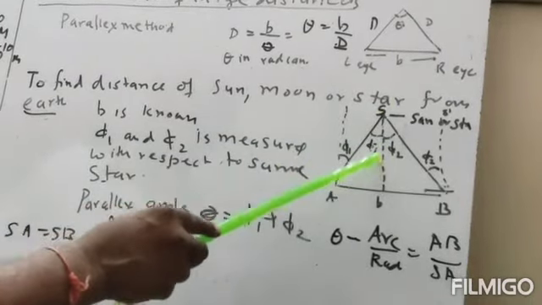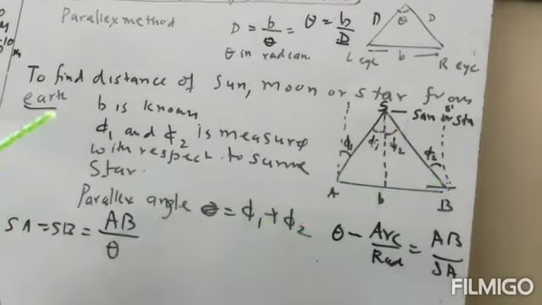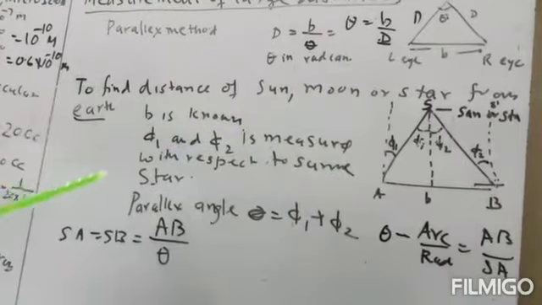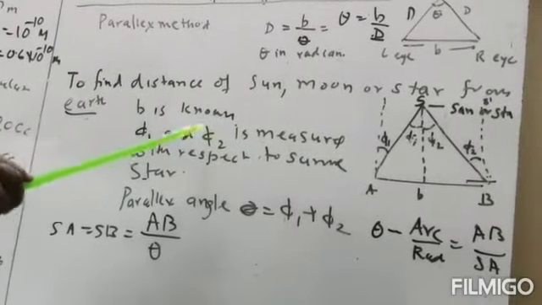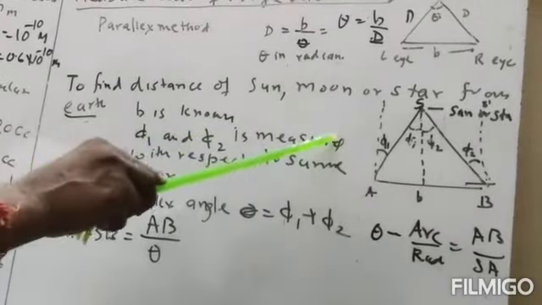So now the parallax angle for the sun is theta and the basis is B. We know the distance B, and we find phi 1 and phi 2, and the total angle is theta. We have measured it and we will substitute and find the distance.